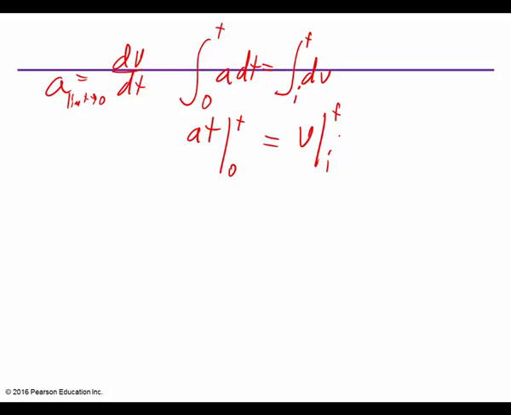So let's set this up and do our integration. We have a at any given time, 1, 2, 3, whatever seconds, minus a at 0, which is 0, is equal to V final minus V initial.